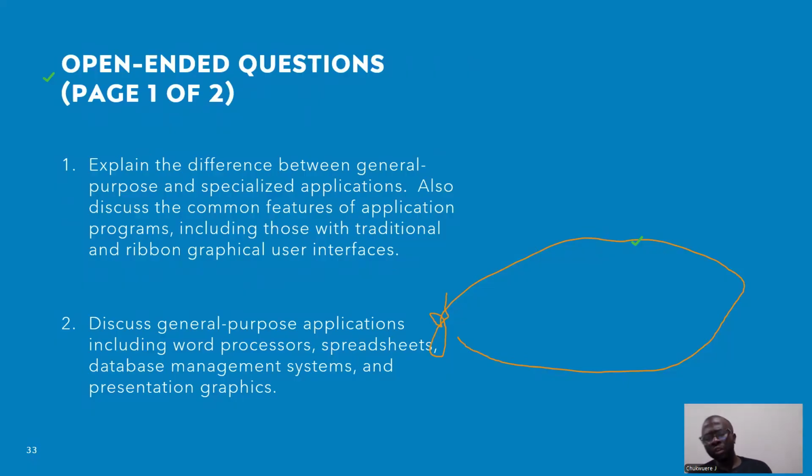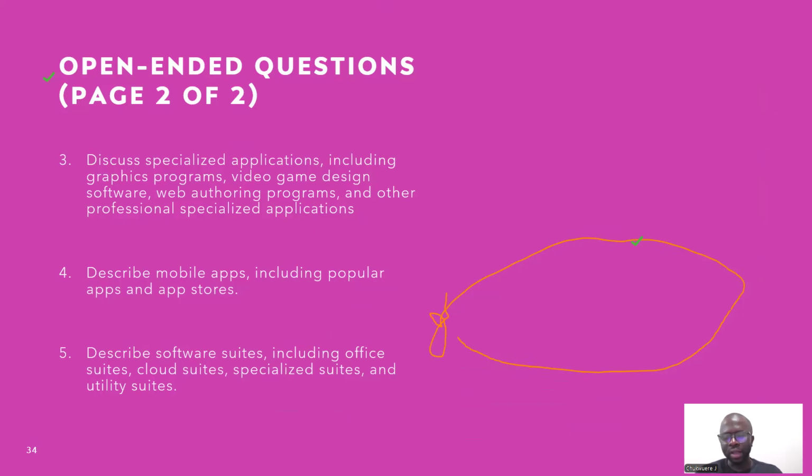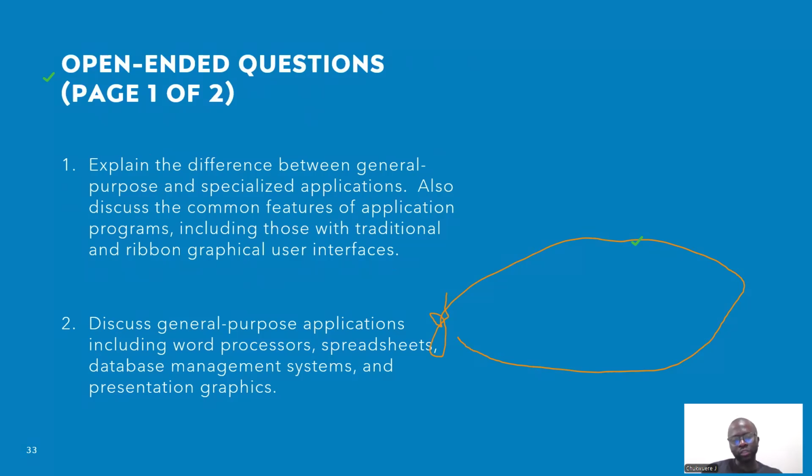Now, very important: every lesson section has open-ended questions. These open-ended questions, in line with your learning objectives, should grill you and prepare you in mastering this lesson. For example, in this lesson we have about 5 open-ended questions.